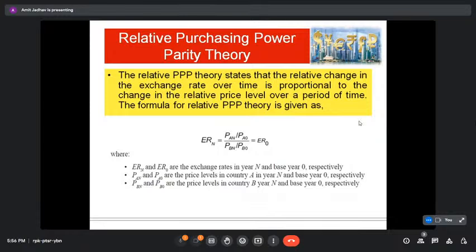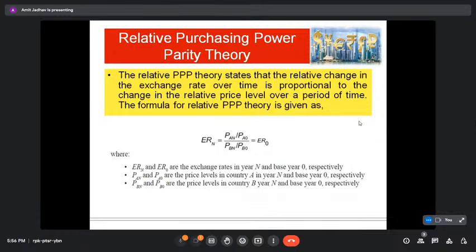So we have the one formula where En and E0 are the exchange rate in year N and in year 0 respectively. Afterwards, we have the PAN and PA0, which are the price levels in country A of a commodity in year N and year 0 respectively.